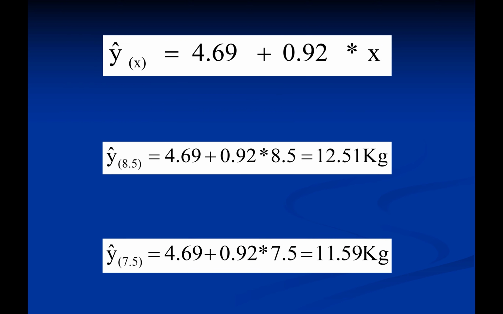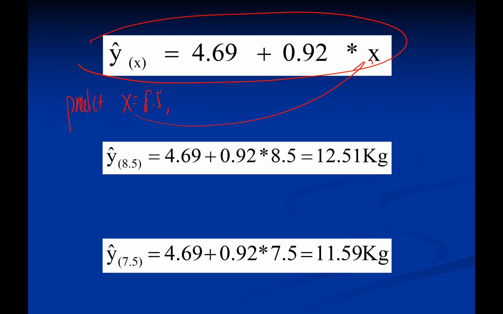Now, in order to predict, we try to predict when x equals 8.5 years, what is the predicted weight for this 8.5 year old child. You have the regression equation here. You just plug the given x value into the regression equation.